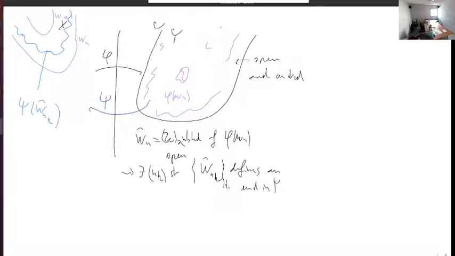So if there are no questions, then I will state the main result concerning finitely generated groups using another board, if I can.